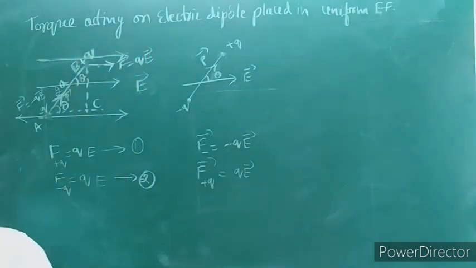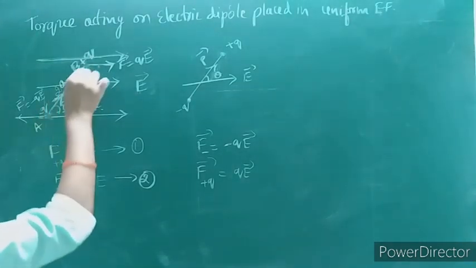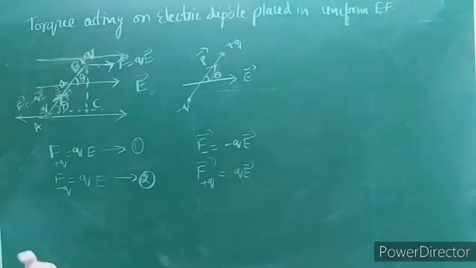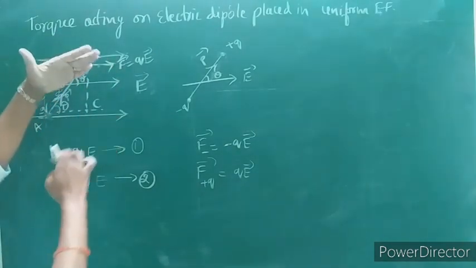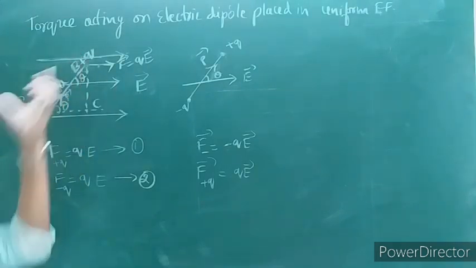If two equal and opposite forces act at different lines of action, they constitute a couple, meaning torque, right? So here also, the two forces are equal in magnitude but opposite in direction and act at different lines of action. That's why they constitute the torque or couple. Okay, and torque will act on it.